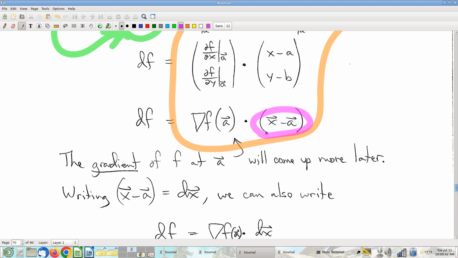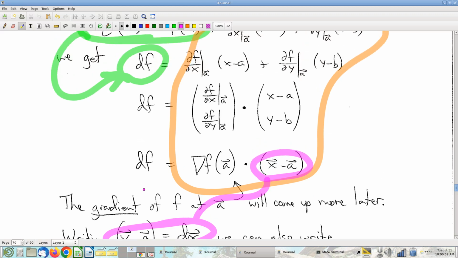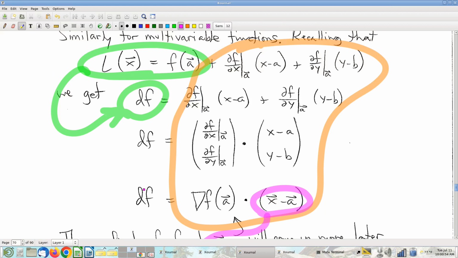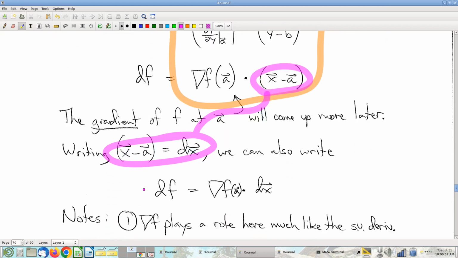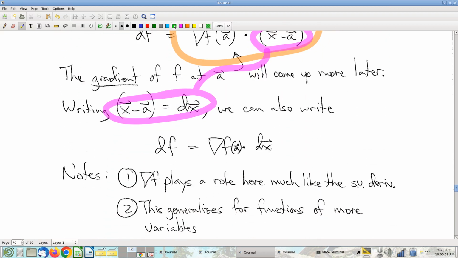So that also we're going to denote as a differential because that's the change in the input. So with all of that noted, this original formula for our linear approximation, I can rewrite the whole thing, and I get that the output differential and the input differential are related by way of dot product with the gradient.